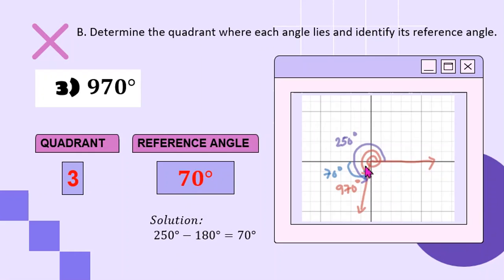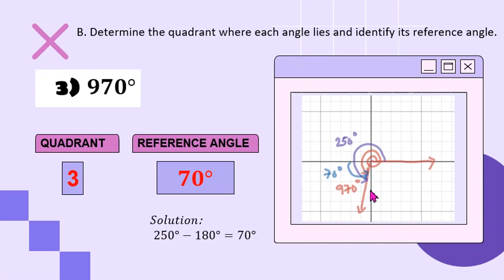Two full revolutions is 720. So that's 1, and then 2, and then that's 720 plus 90, 810. So here it's 810, and then plus 90 again. That's 900. So 900 here.